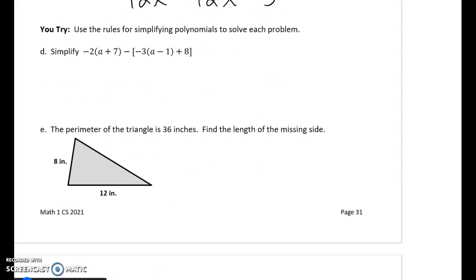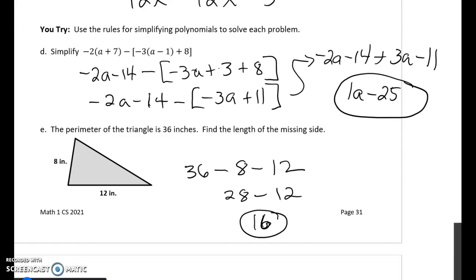Next is the U-try. Let's have you try again to see if you can simplify this expression in part D and then find the length of the missing side using the concept of perimeter. Take a moment to check your work and answers with mine.